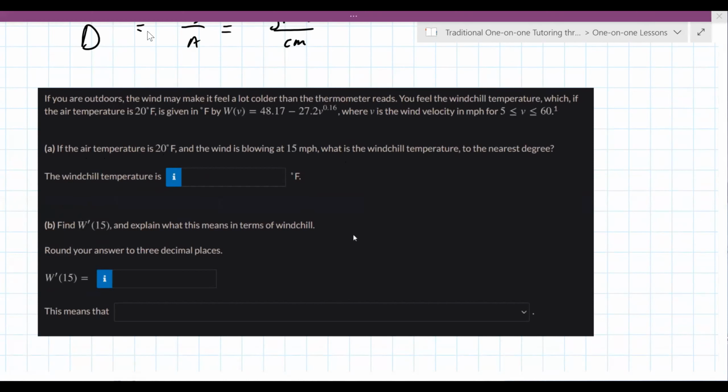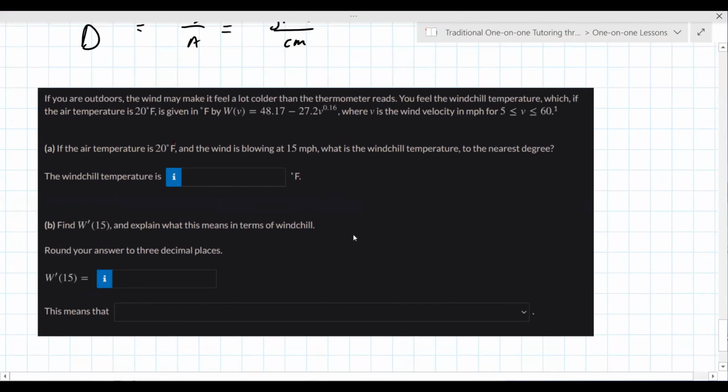This first piece of information is not useful. This is what you care about. That's your V. They're saying V is 15. So the first thing here is literally just asking you to put 15 in for V.